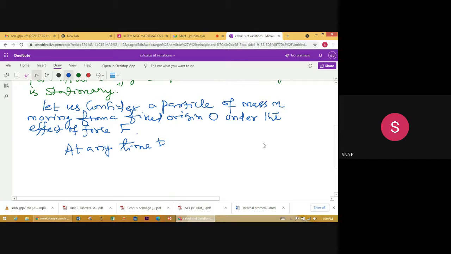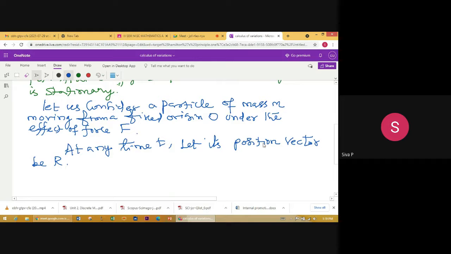Let the position vector be r. Actually, what is called the position vector?